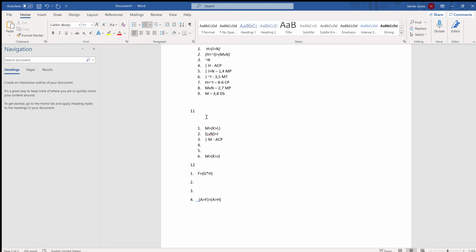Okay, let's just see where we're going, right? So we have if K, then L as our first statement, using lines 1 and 3 modus ponens. If K, then L. Okay.